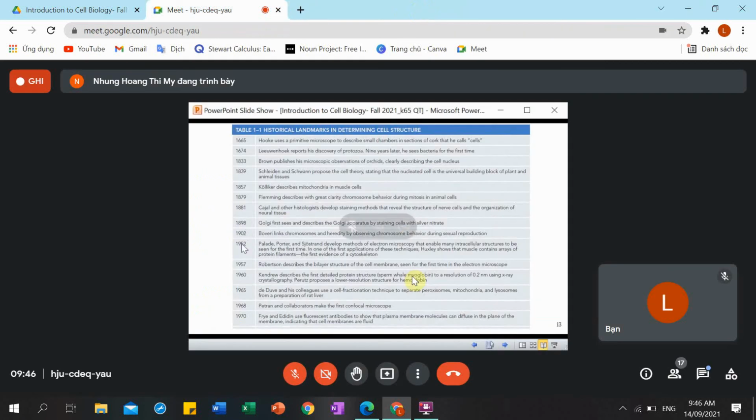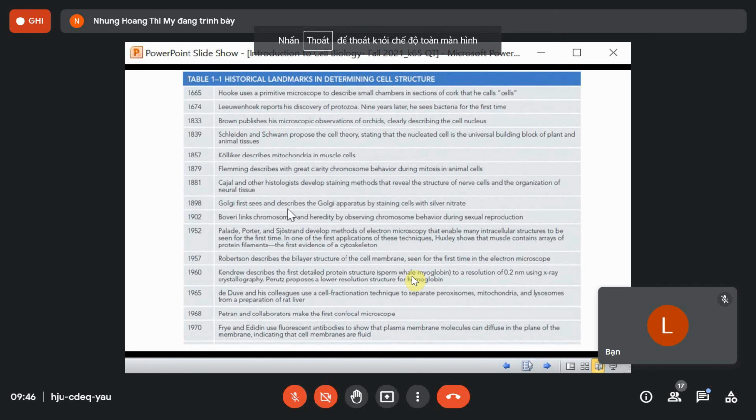In the 18th and 19th century, many cell components were discovered by scientists. In the 17th century, only the cell was observed, but from 1833 to 1898, you can see many cell components like the cell nucleus, the mitochondria, the cytoskeleton, and the Golgi apparatus were discovered during this time.